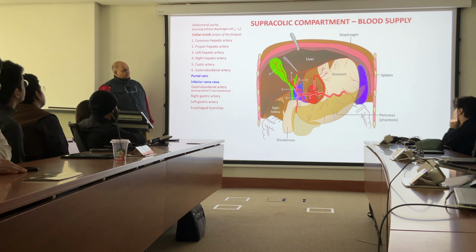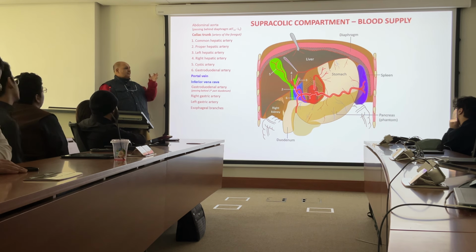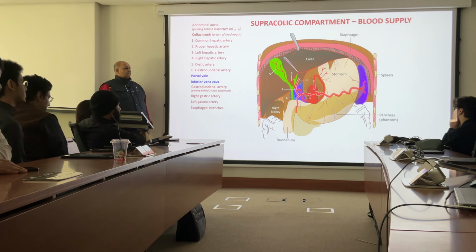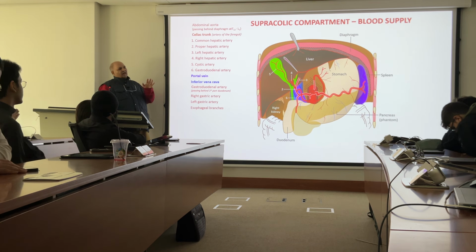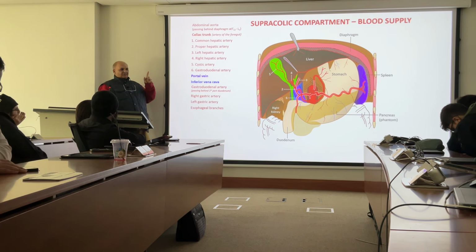Now I have the splenic artery. It runs across the upper border of my pancreas. Yes? So the left gastric artery forms an anastomosis. The left gastric artery and right gastric artery are running across the lesser curvature.